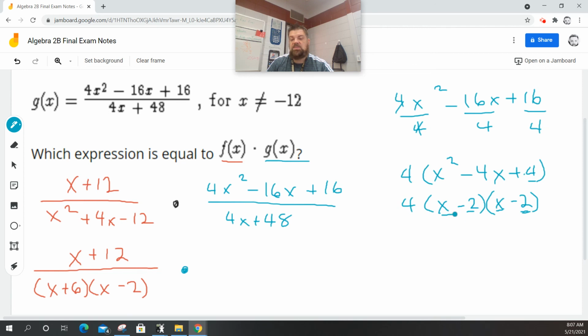This negative 2 times this x gives me another negative 2x. Negative 2x plus another negative 2x gives me my negative 4x. So this whole thing factors into this. So the prime factorization for this one is 4 times x minus 2 times x minus 2.